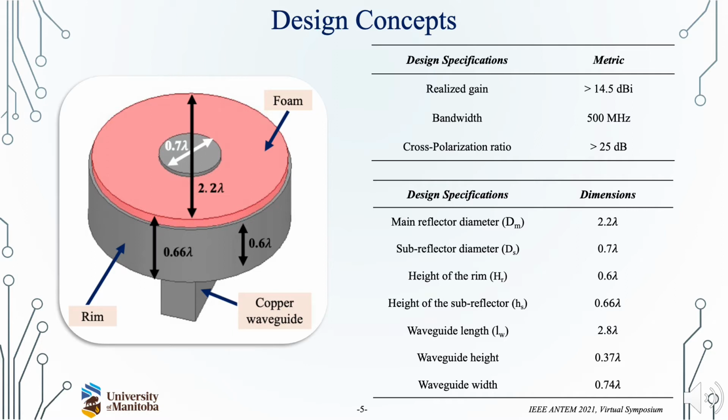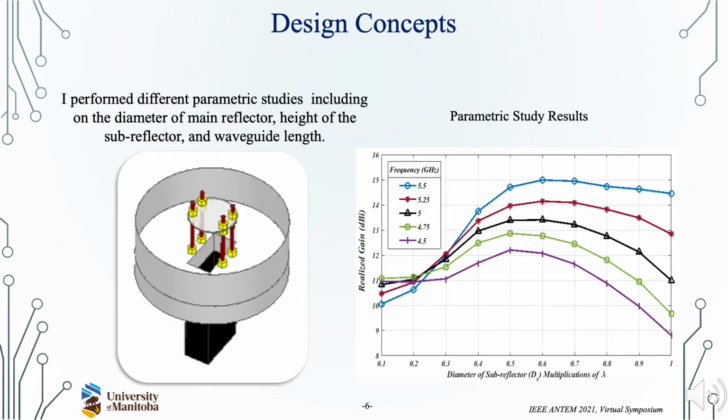After performing different parametric studies on the diameter of the main reflector, diameter of the subreflector, height of the subreflector, and the waveguide length, I came up with the dimensions which are shown in the lower right-hand side table. I need to mention that the height of the rim of 0.6 times lambda was selected based off of Professor Shafai's previous work.